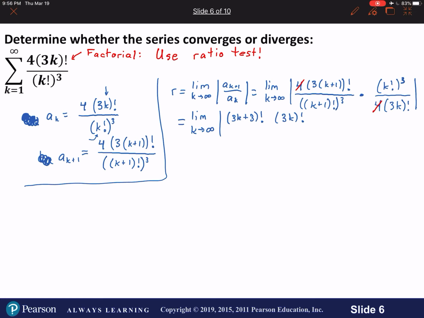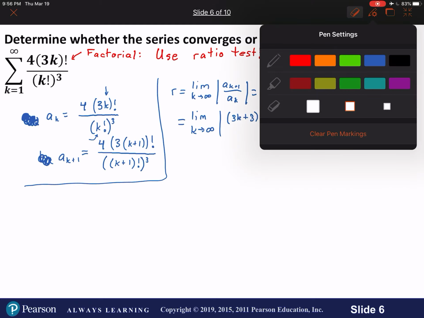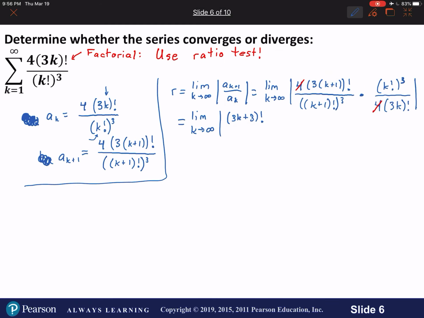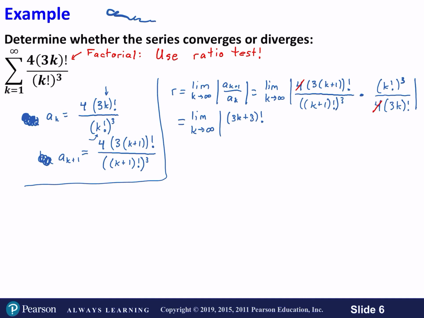Or sorry, that's not correct. We have k factorial cubed. On bottom, we have (k+1)! cubed.